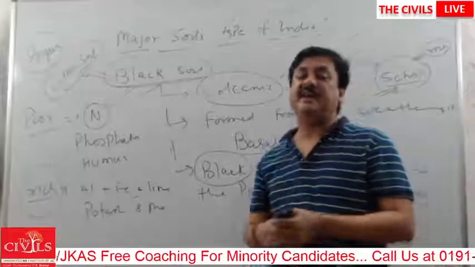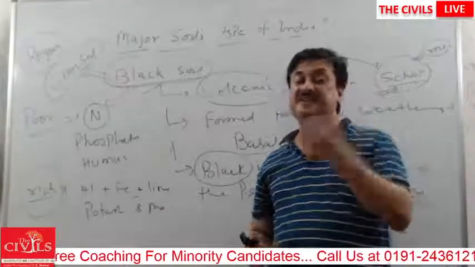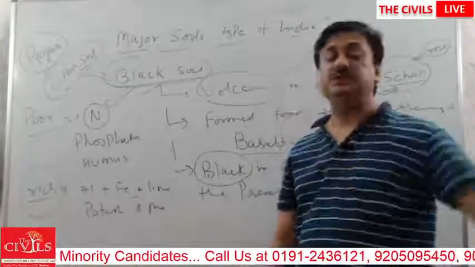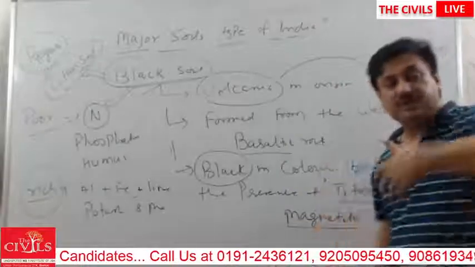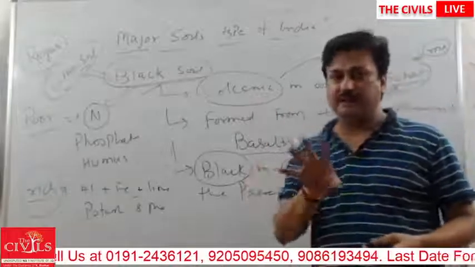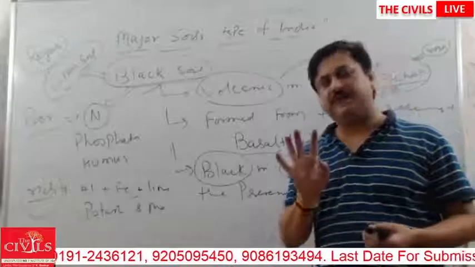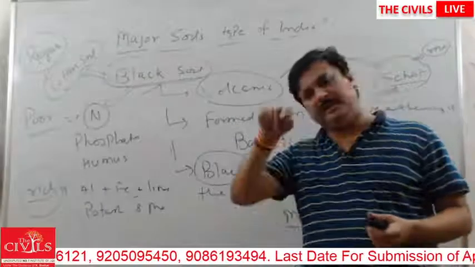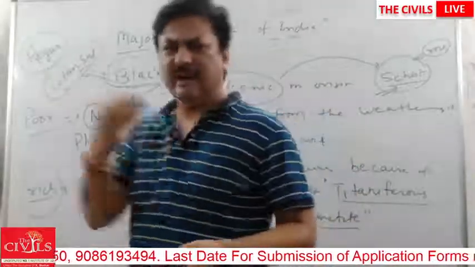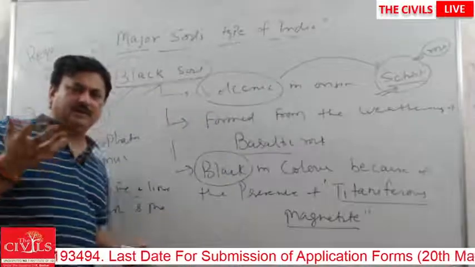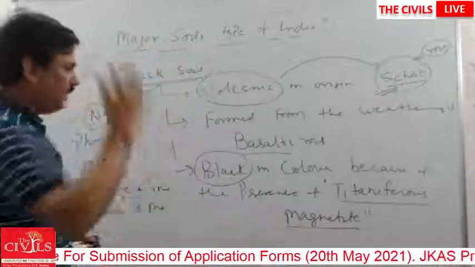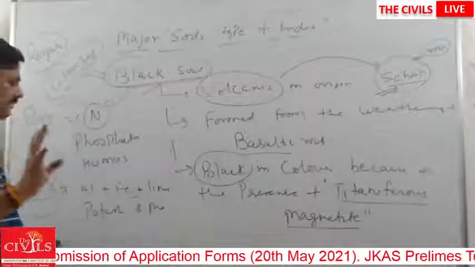This is the reason that after the first or second shower, the farmers used to plow, sow and cultivate their fields. So this is one of the most important drawbacks of this soil: on wet, it becomes sticky and difficult to plow.